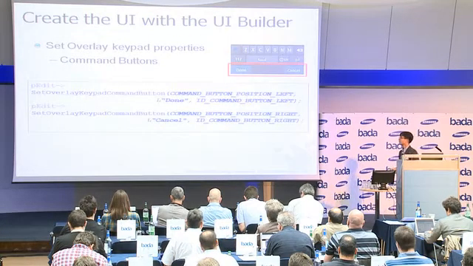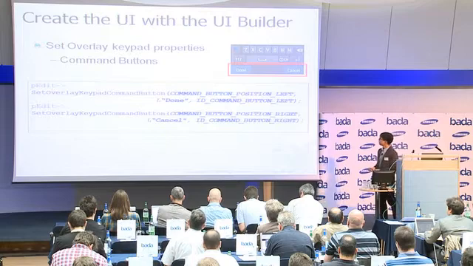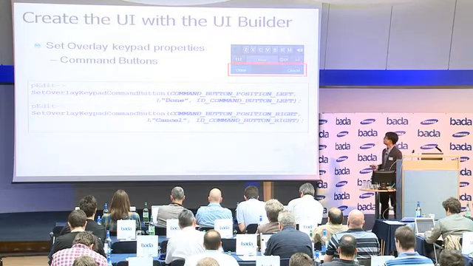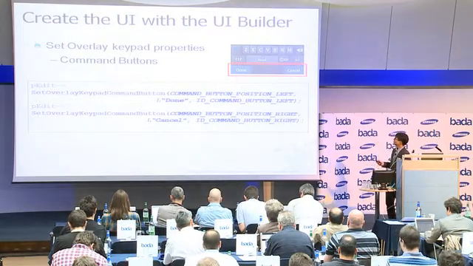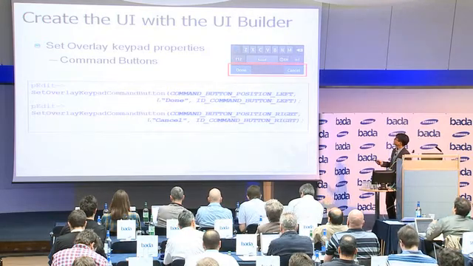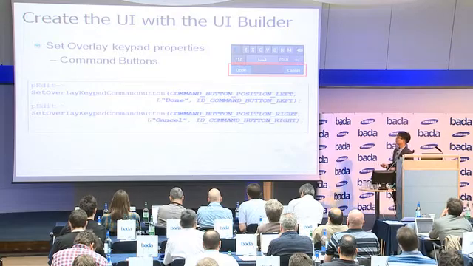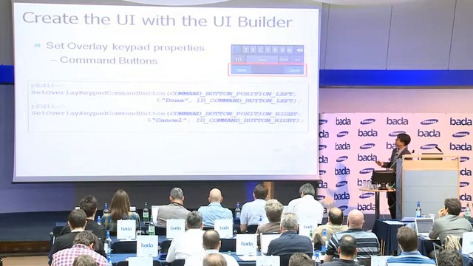There's some code that's required as well. The overlay keypad has 2 command buttons. Now, they look just like soft keys, except that they are part of the keypad, not the form. So that's why we're calling them in a different manner. We're calling them command buttons. So you can assign different functionality to these command buttons.